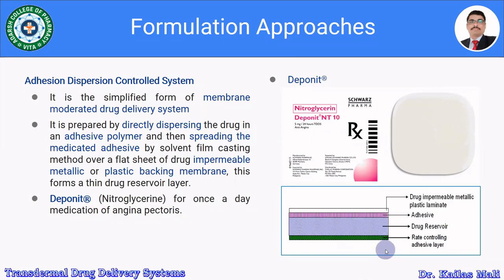The example of the adhesion dispersion control system is Deponit, a nitroglycerin patch for once a day medication of angina pectoris. So this is the Deponit patch of nitroglycerin for once a day medication of angina pectoris, right? So this is about the adhesion dispersion control system.